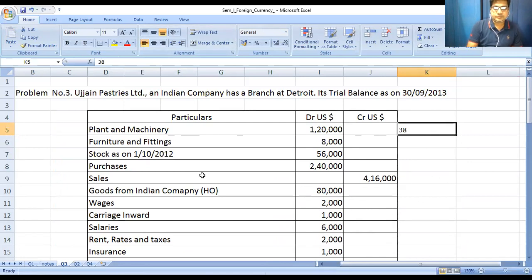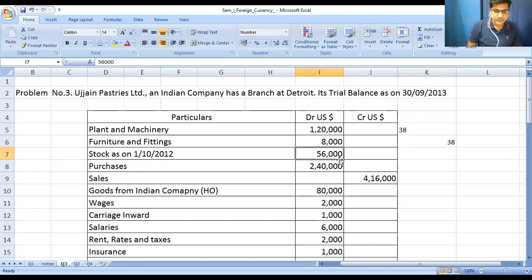Then furniture and fittings. It is also a fixed asset and it is 8,000 US dollar. We have to consider the fixed asset rate per dollar, that is rupees 38. Then next, stock as on 1-10-2012, US dollar 56,000.